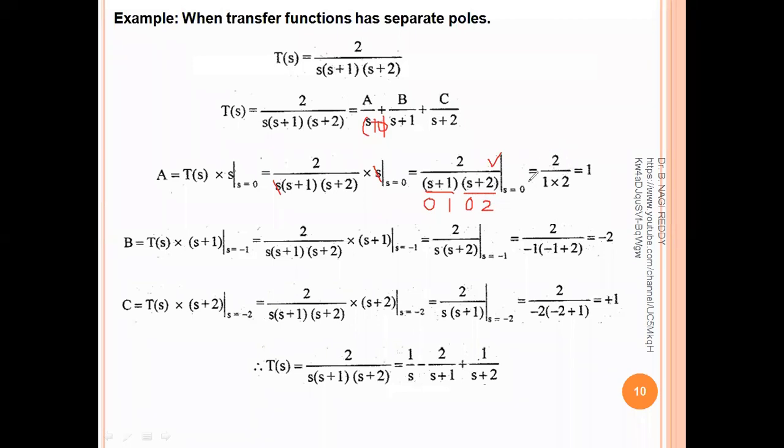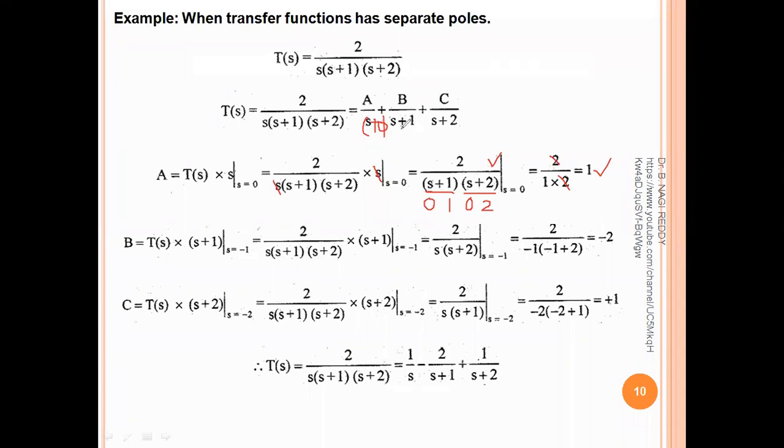The resultant expression is 2 by 1 into 2, so we can cancel 2 and 2 and we get a value of 1. This is how we determine the constants A, B, C. Of course, this is not a new concept to you. You have learned partial fractions in your previous classes, but once again I want to give a brief discussion on it.